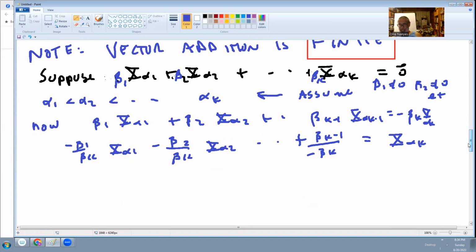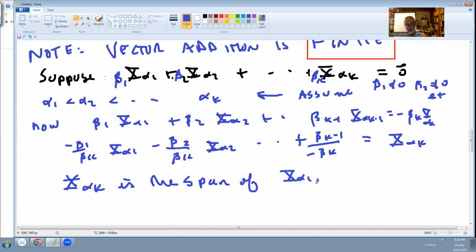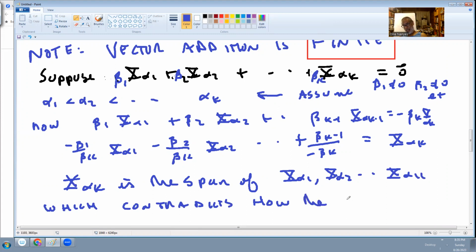So what this means is that this x sub alpha k is in the span, which contradicts how the subspace was built.